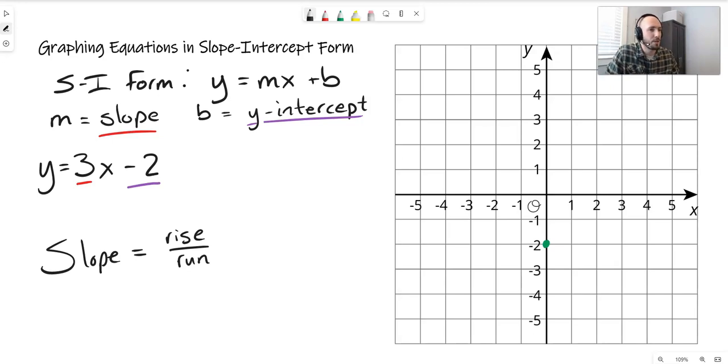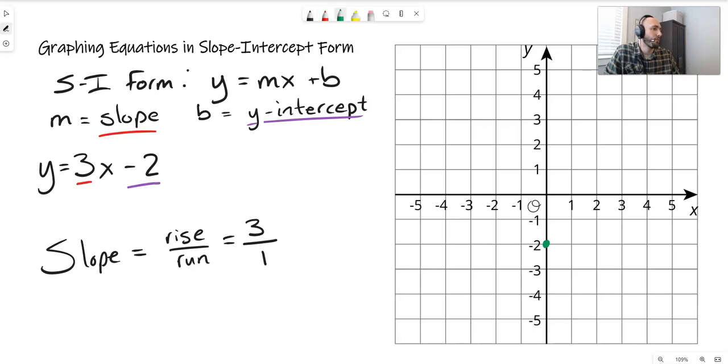So if I know that my slope is 3, we could also say that is 3 over 1. Well, that means that between any 2 points, the ratio of the change in the y to the change in x will always simplify to 3. So we can take any point, find another point by going up 3 and to the right 1.